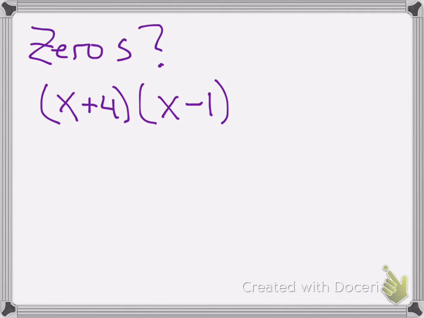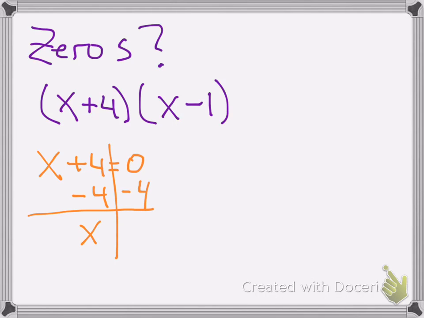We want to set each one equal to 0. This is something that you're going to have to do on the quiz today. So I'm going to take x plus 4, set it equal to 0. It's just one extra step. Get x by itself. So we get x equals negative 4. There's one of my zeros.